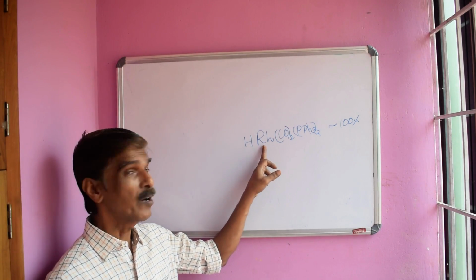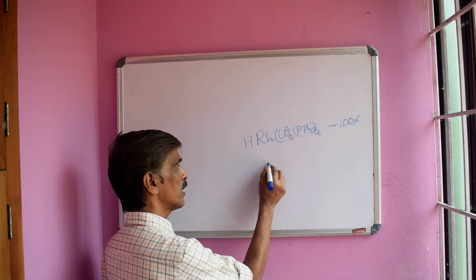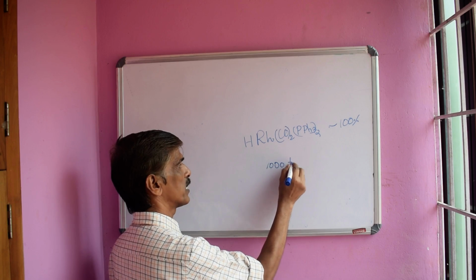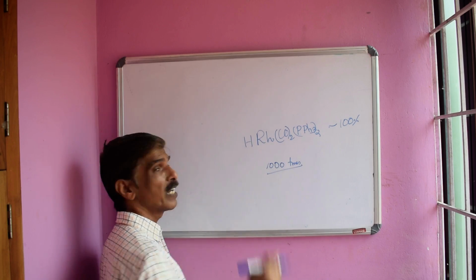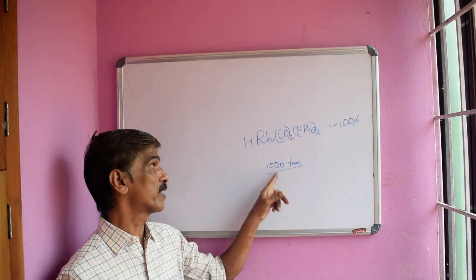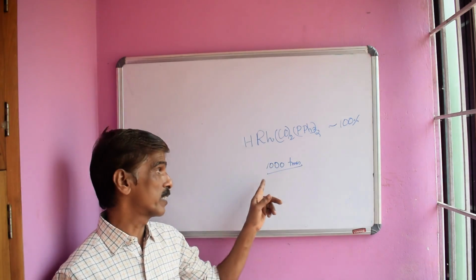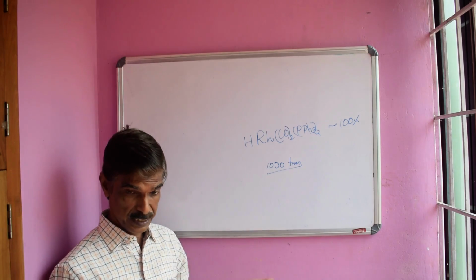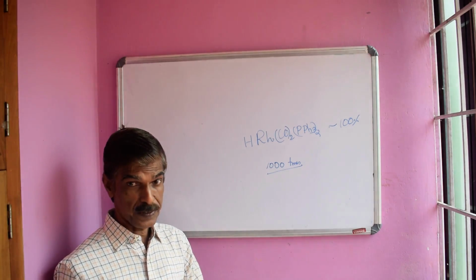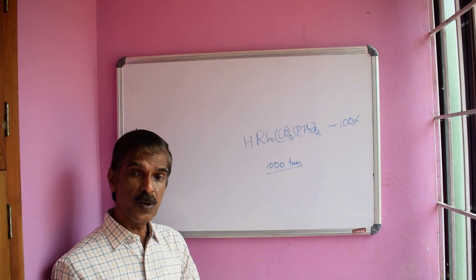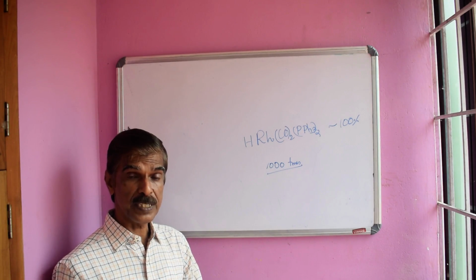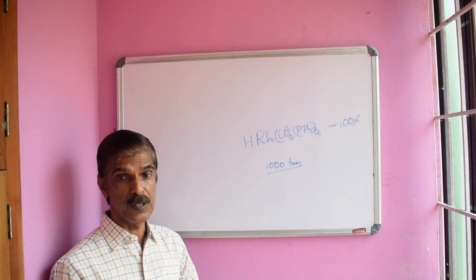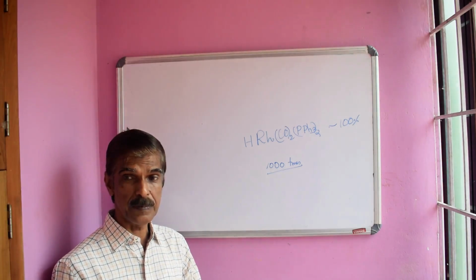Rhodium is almost 1000 times as costly as cobalt. But you can see that of course this is a very good catalyst in terms of the production of straight chain aldehyde and also in terms of the conditions required for the experiment, industry temperature, pressure and factory setup.